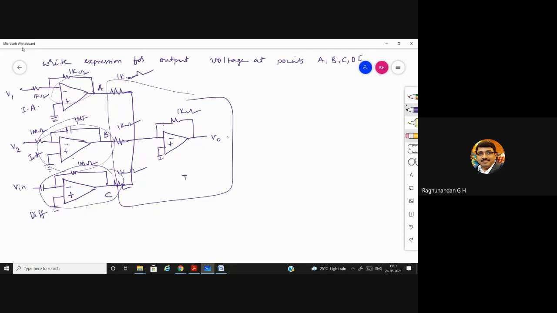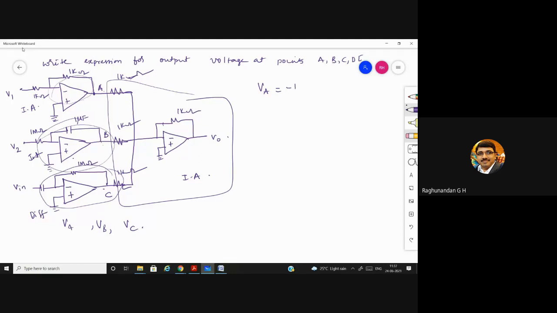It's the inverting adder. So now what we need to do is first write the individual equations VA, VB, VC. Then those equations become the input to the fourth part. So let us start with VA. For VA, we have an inverting amplifier.